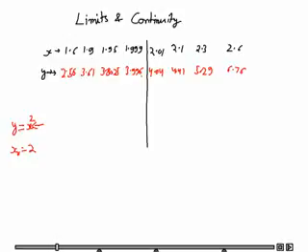That is, on a number line, this is x equal to 2, and if x approaches 2 through smaller values, then the limit here exists.